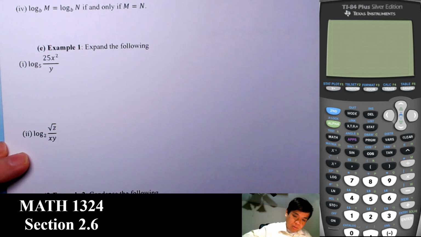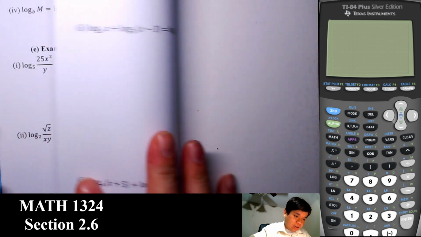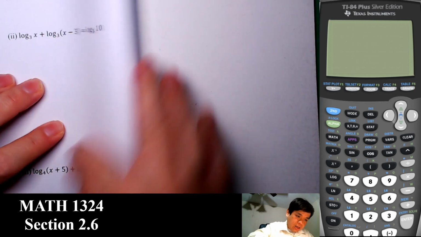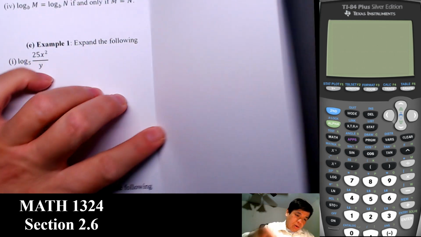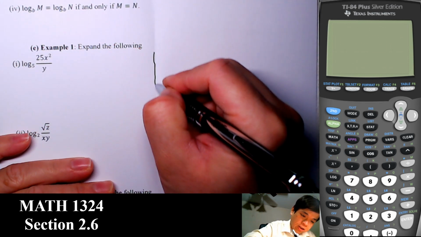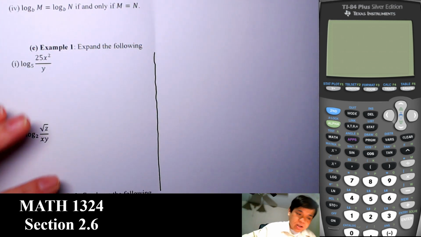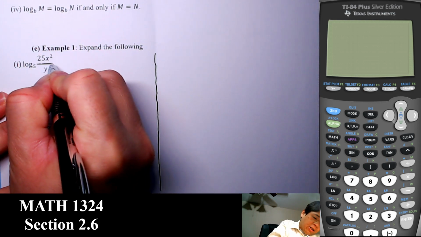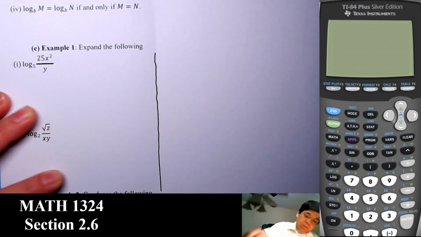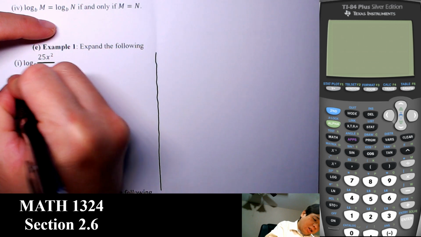Let's fold the page in half. For this one, that's right. We use half of this. We will write something else over here. So first, this is a difference. I mean, this is a quotient, so I write that as a difference.